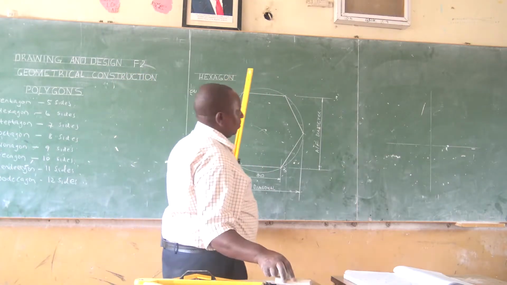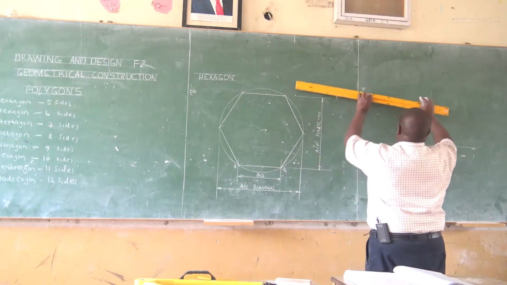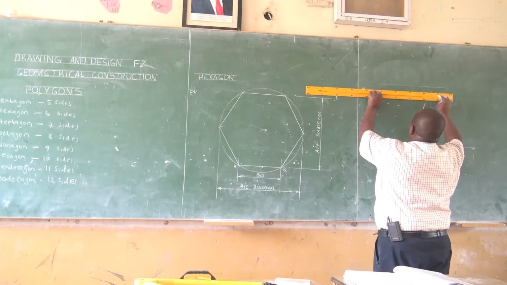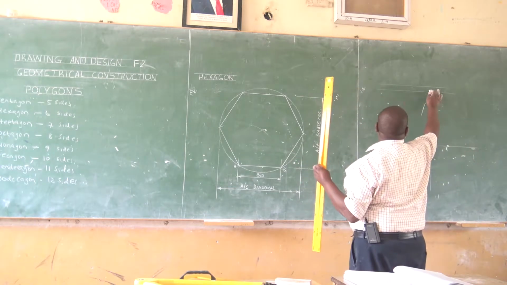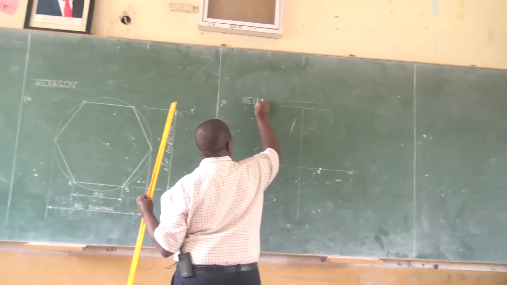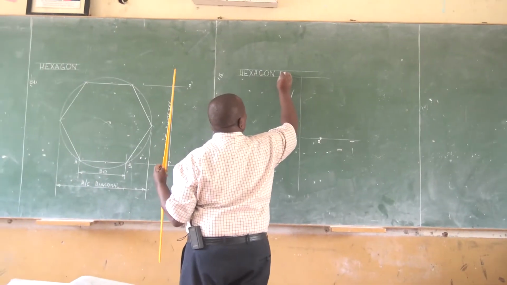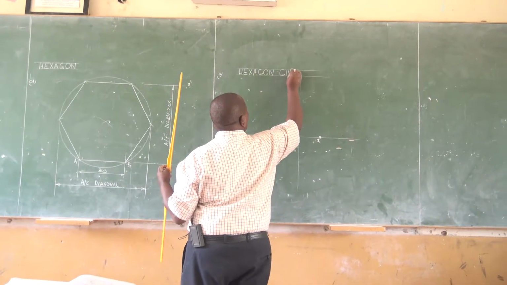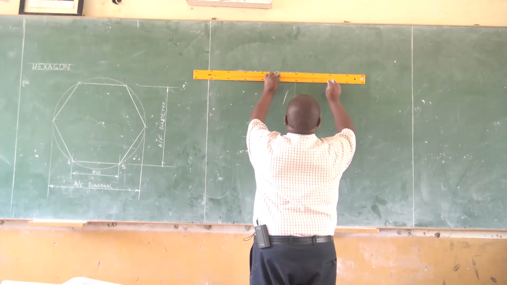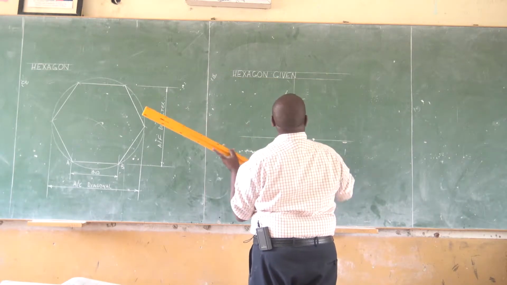Now, when you are given the diameter, method B, where the diameter is known, again, hexagon, given diameter.